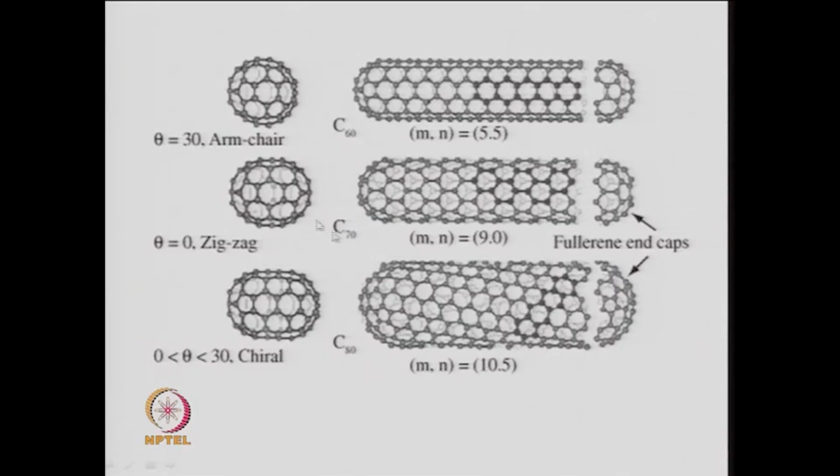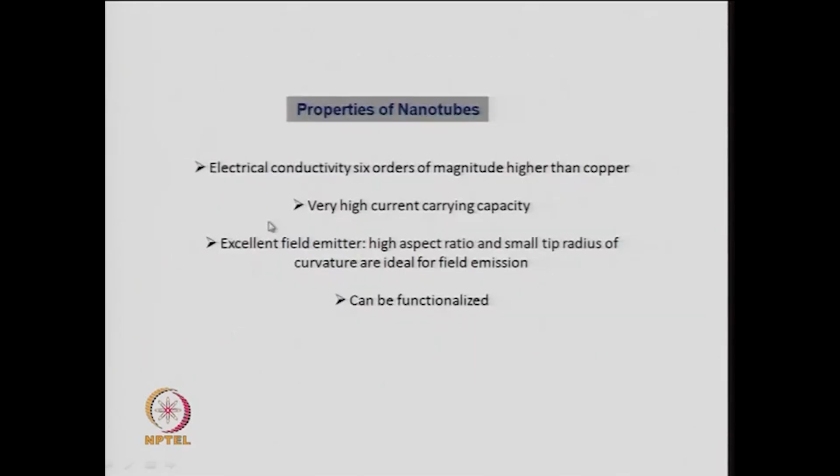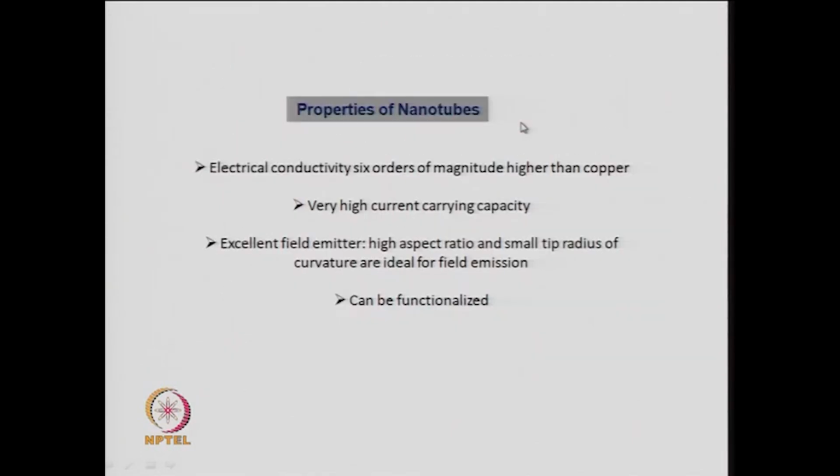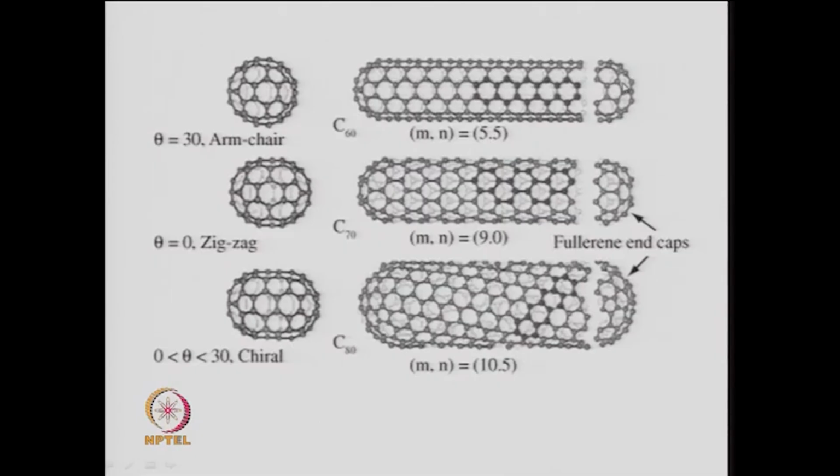So, the C70 is this kind of molecule, and if you take half of it, you can close the end of this nanotube. So, depending on the type of nanotube, the type of the cap will also be different.